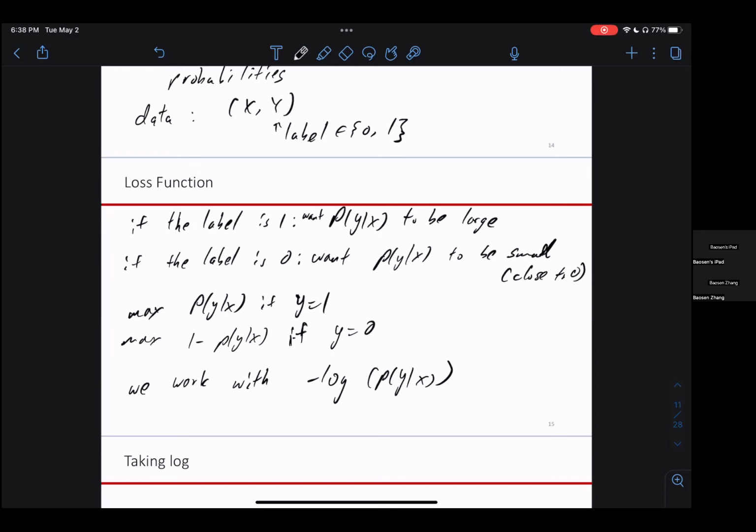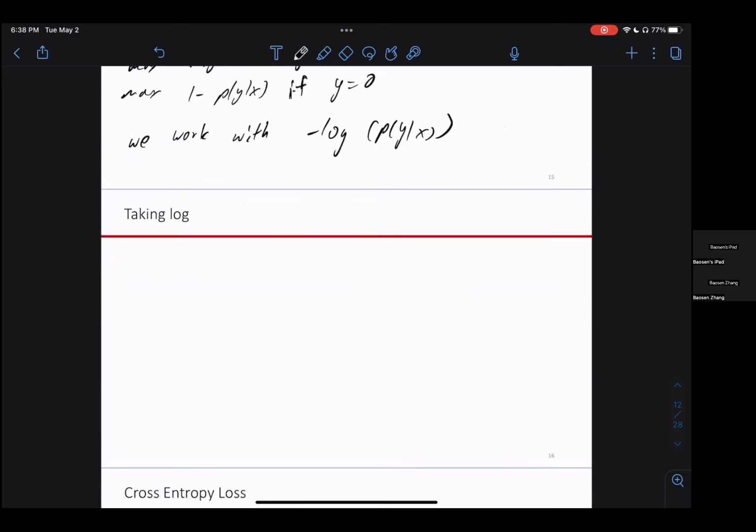And this happens a lot. Very often in this kind of problem, instead of working with the object itself, you want to work with the log of the object. This is very often the thing you would do. So you log it. And so taking log, basically if p(y|x) is large, minus log p(y given x) is small. Right?